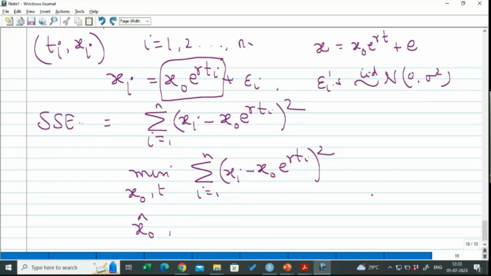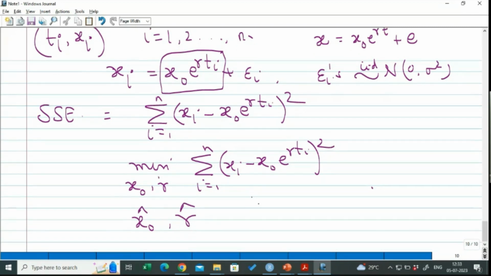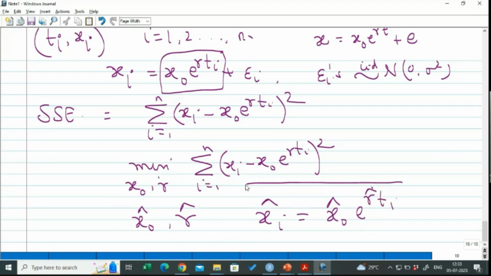I'm sorry, this is not a minimization with respect to t, but with respect to r. So you get x0 hat and r hat. So your fitted equation is going to be xi hat equal to x0 hat times e to the r hat times ti.